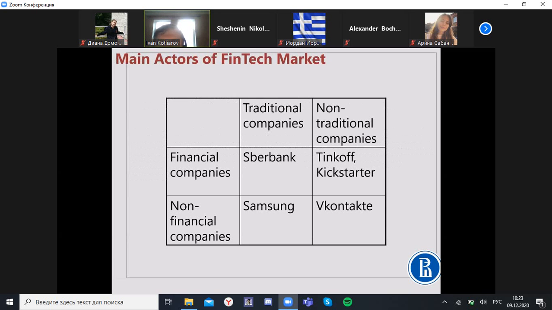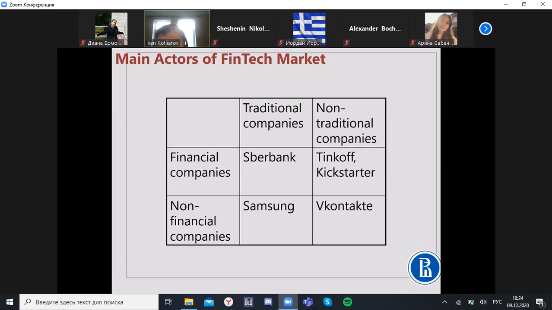Ladies and gentlemen, here we have a schematic description of the digital finance, of the main actors of the fintech market. We have traditional companies and non-traditional companies. Traditional companies are companies which emerged before the technological revolution, and non-traditional companies are digital companies, based on the extensive use of digital technologies.